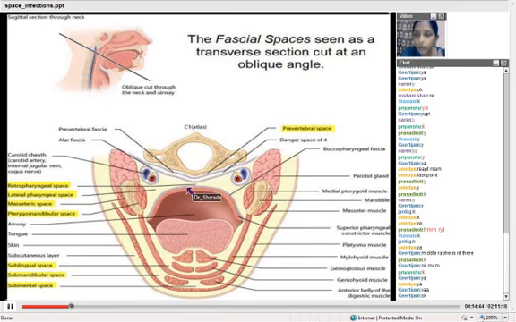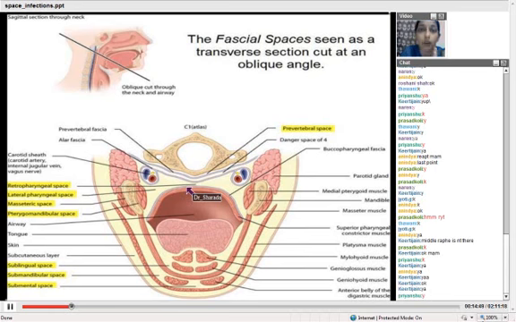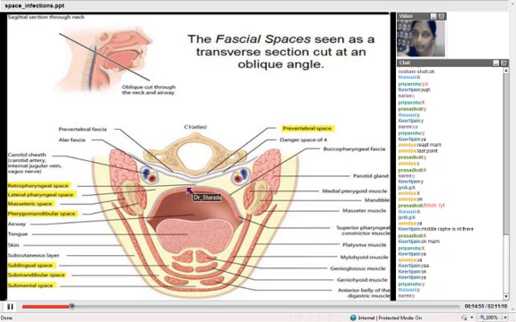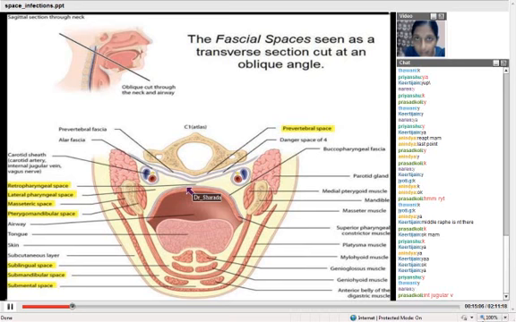Now I'll give you another example. You have your carotid sheath, right? That acts as a potential space. Why do we say carotid sheath can be dangerous? On top, the carotid sheath contains your internal jugular vein, your common carotid artery, everything. Where does that come from? Carotid canal, right?